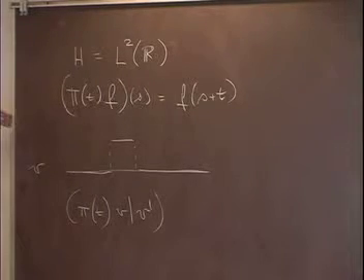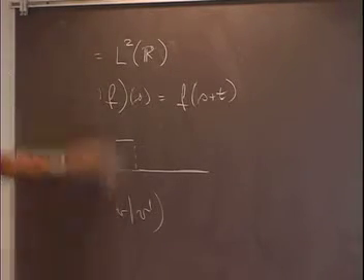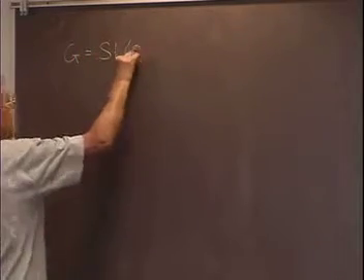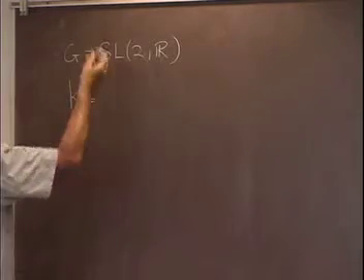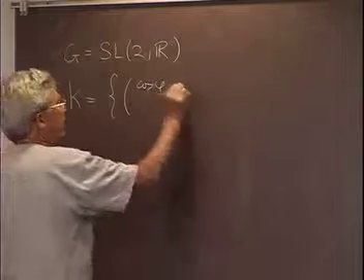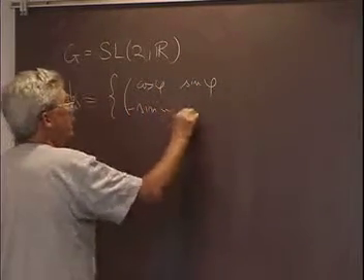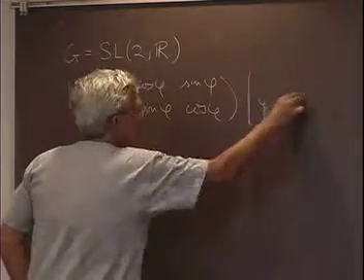So before going to this, let me get more specific and consider the situation in which we are. We are looking at G is SL2R, and our K is this maximal compact we are all using, cosine phi, sine phi, negative sine phi, cosine phi, and phi is real.